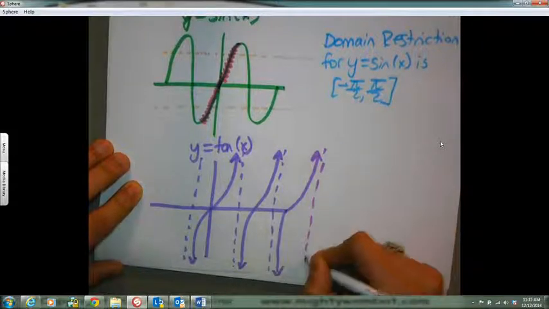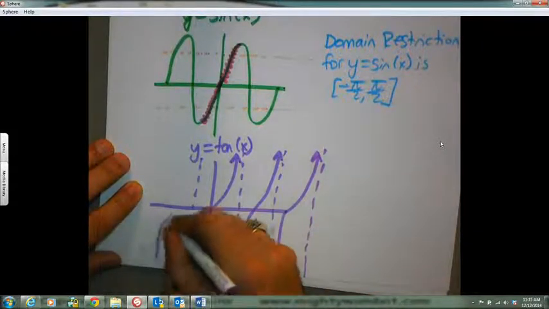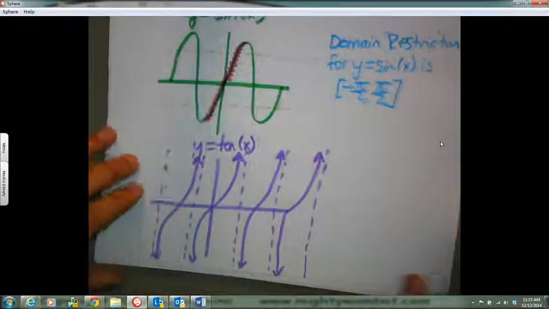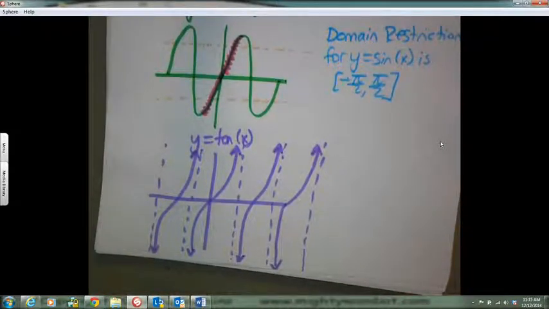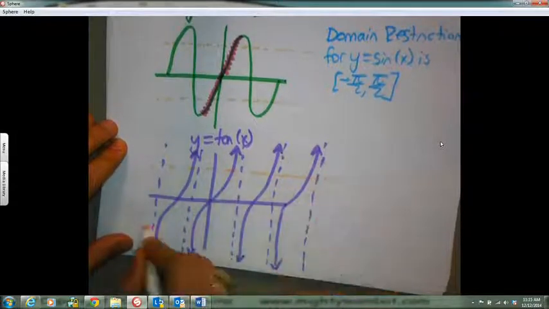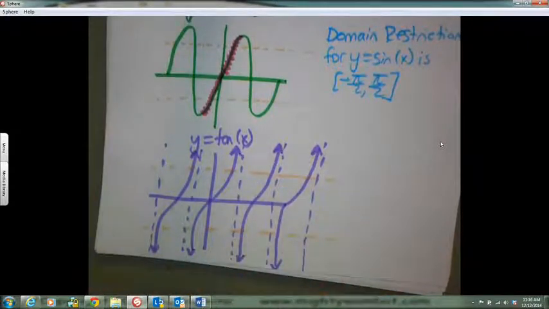Then again. I mean, I could keep drawing this forever. But tangent looks like this. And we start to have some problems because, oh boy, we're going to fail. So, we do what we always do, trial and error. Eventually we'll succeed. So, I start here.